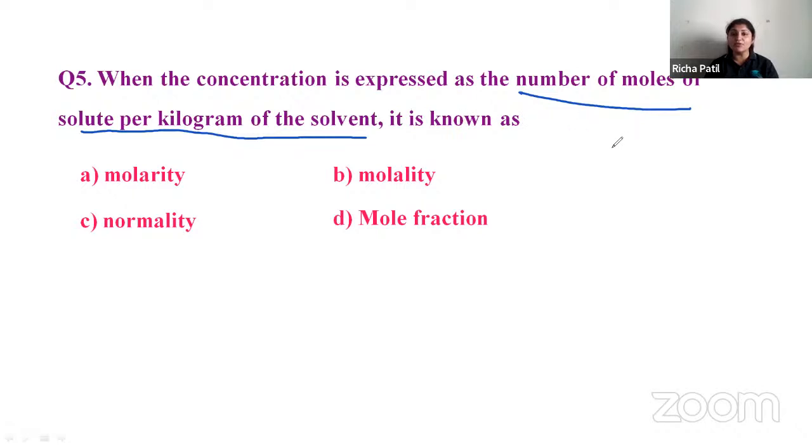Number of moles of solute per kg, not per liter. If it is per liter, then it is molarity. Per kg means it is molality. Remember the difference between molarity and molality. Molality is the number of moles of solute per kg; molarity is the number of moles of solute per liter. Very important. So we'll go for the next one.